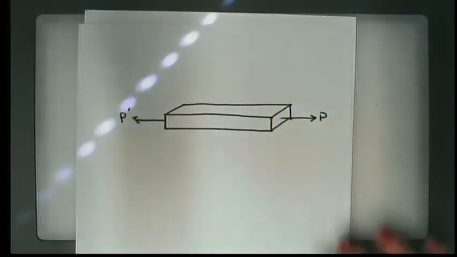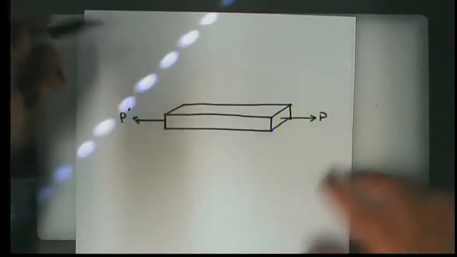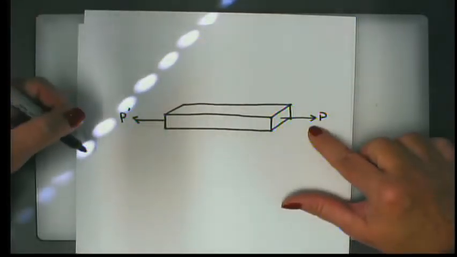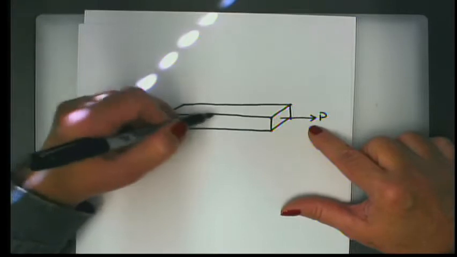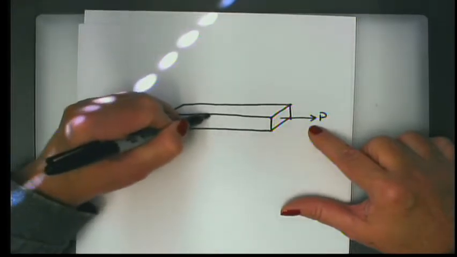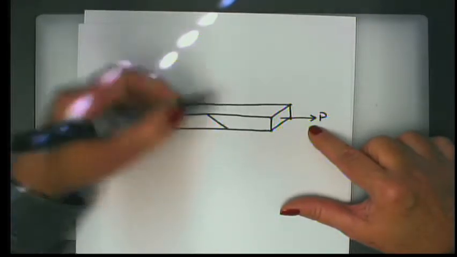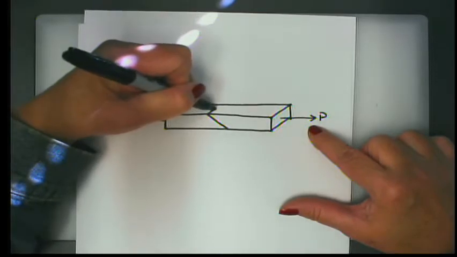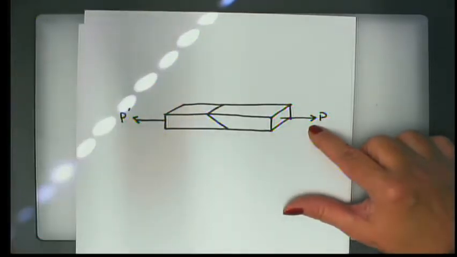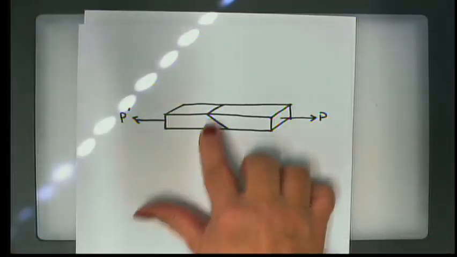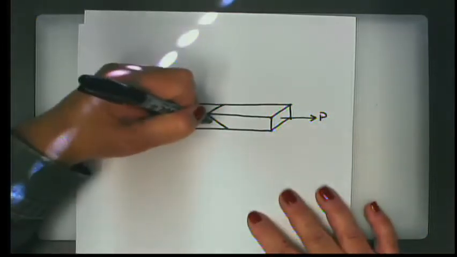But in this case, instead of looking at the normal stress, P over A, what would happen if we had some sort of a splice in this board? For example, this board had been sawed apart at an angle, and we had a glued surface at this angle.